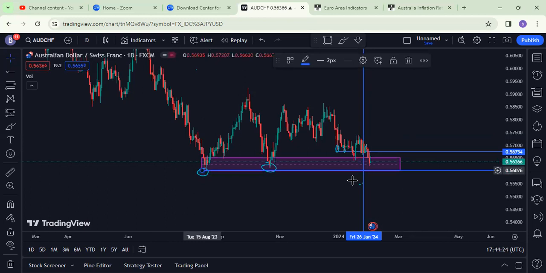This is what we want. Our A plus setup. This is what we want to see. We want to see the market breaking down, breaking out of this support zone, convincing the retest traders that it's a sell, and then the market moving to the upside.